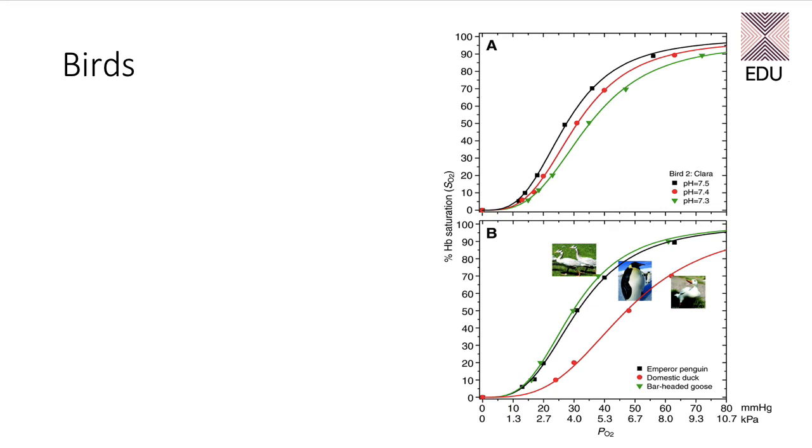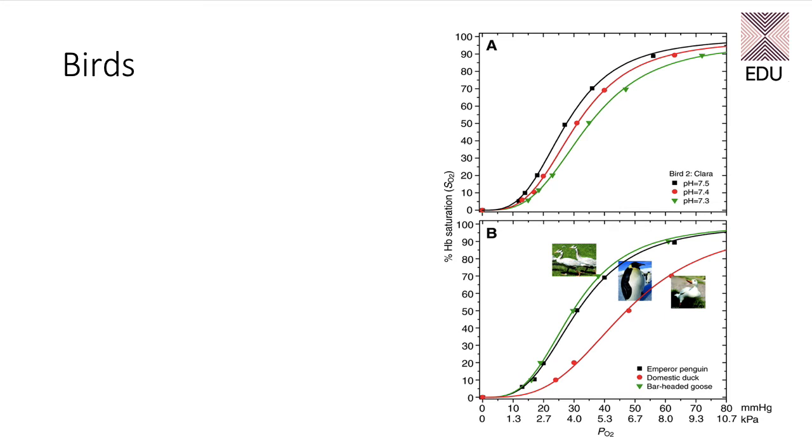First is the green graph for bar-headed goose. Second is the black graph for emperor penguin. Third is the red graph for domestic duck. So this is a comparative chart for the oxygen saturation of hemoglobin at different partial pressures of oxygen.